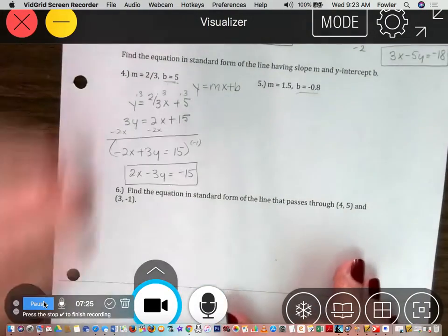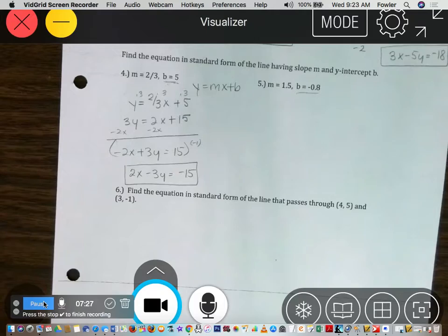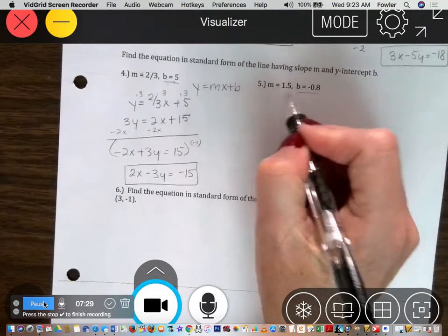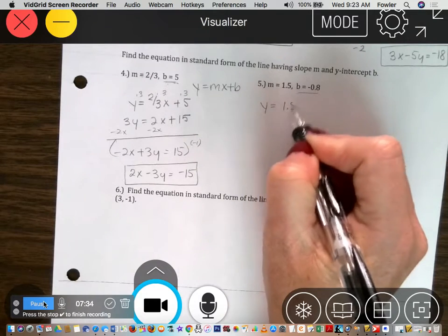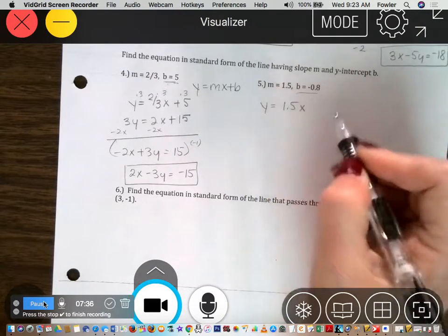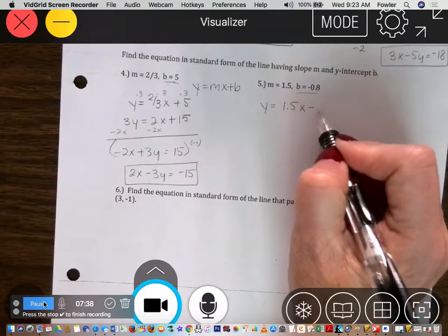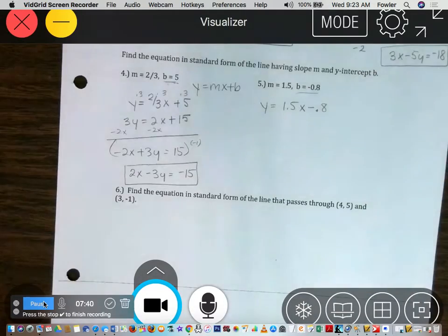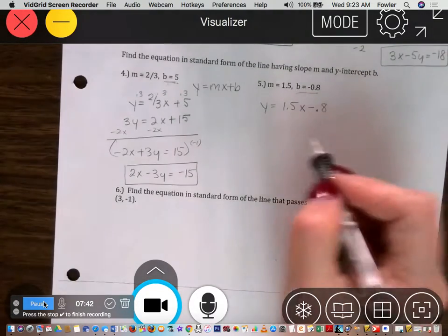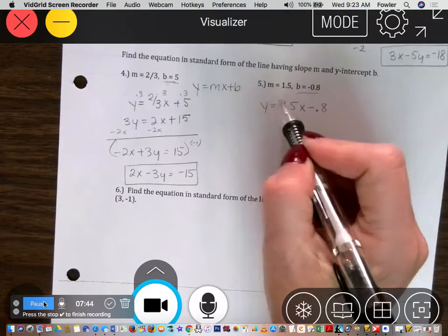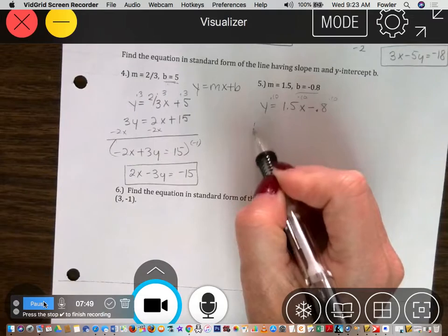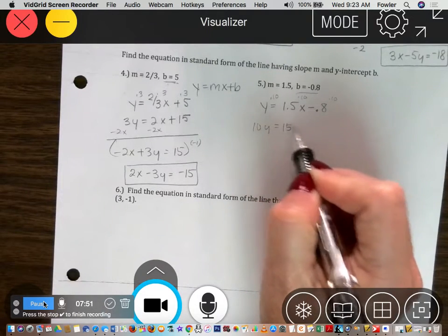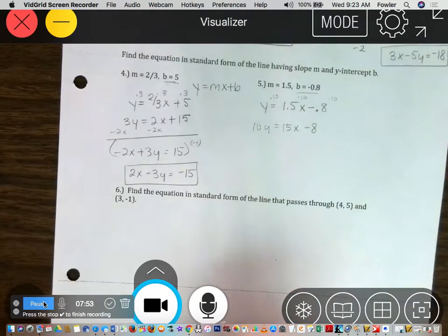Same thing with problem number 5. If you have decimals, you just treat it the same way. M goes in as a 1.5, so I have y is equal to 1.5x. Your b is a minus 0.8. Get rid of decimals, so if I multiply through by 10, I'd have 10y is equal to 15x minus 8.